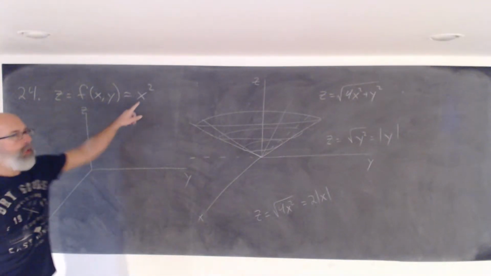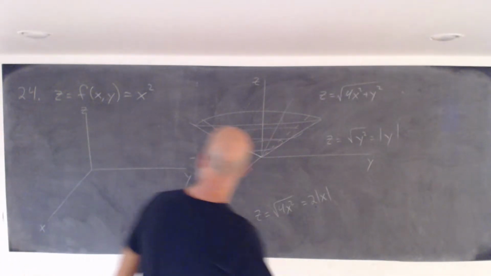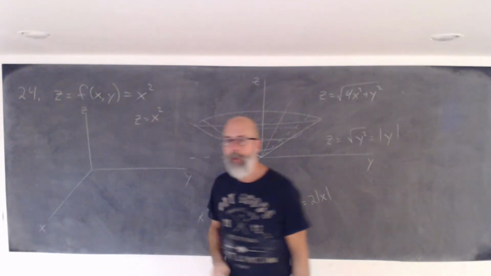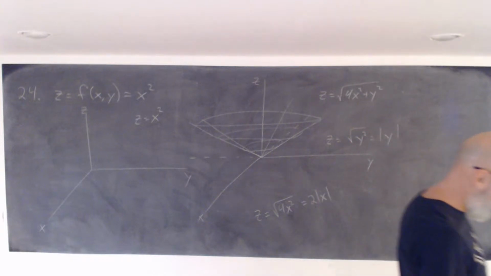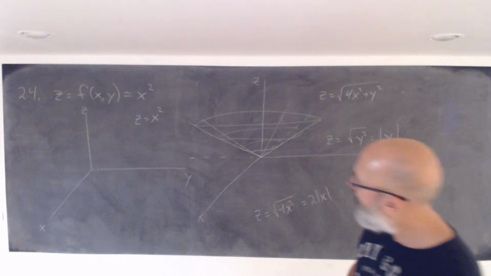Of course, you recognize that there is no y here. It's the function z equals x squared. There's no y. How does that translate into the graph?